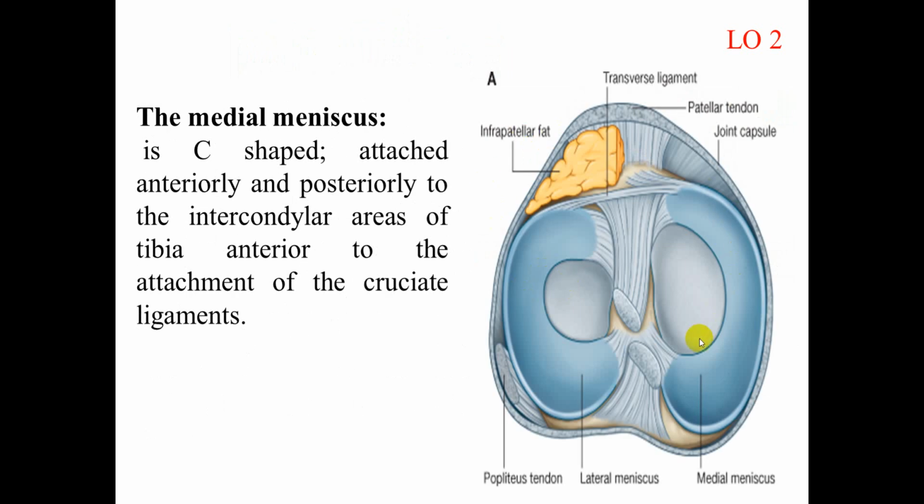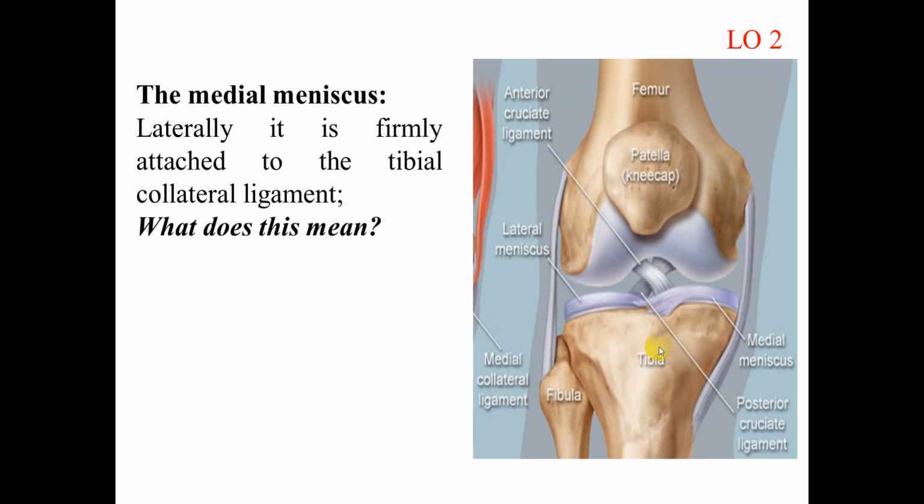The medial meniscus is C-shaped, and it is attached to the intercondylar area of the tibia, anterior to the attachment of the cruciate ligament. Laterally, the medial meniscus is firmly attached to the tibial collateral ligament. You see, this is the medial collateral ligament attached firmly to the periphery of the meniscus.